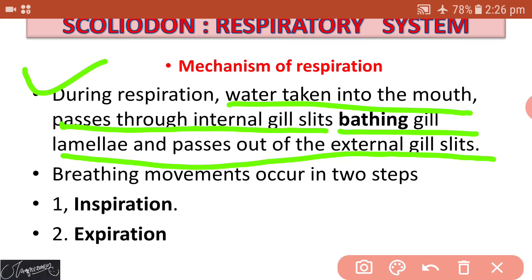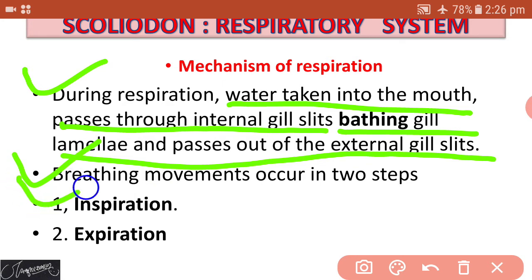First of all, the water comes into the mouth, passes over the gills, bathing the gills, and out that water is removed with the help of the external branchial apertures or external gill slits to the outside. The breathing movements are completed in two steps.